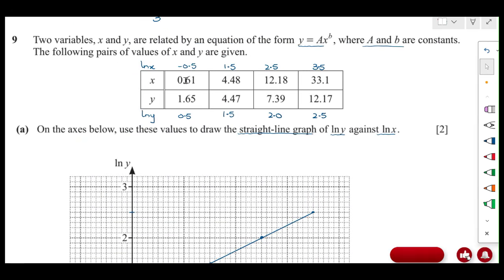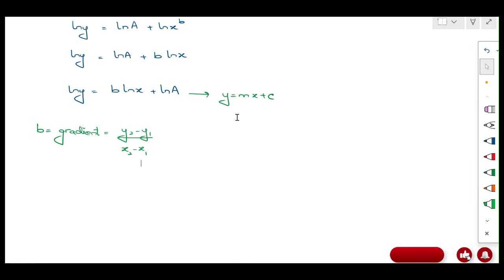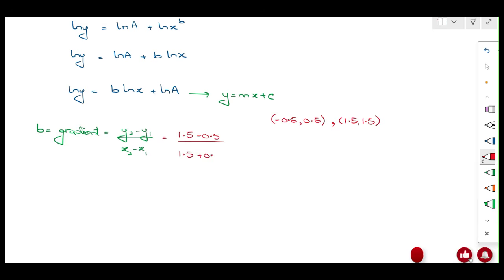The first point I would like to take is minus 0.5 and 0.5, and the other point is 1.5 and 1.5. Now this is x1, y1, x2, y2. So y2 minus y1 is 1.5 minus 0.5, x2 minus x1 divides 1.5 minus minus 0.5.